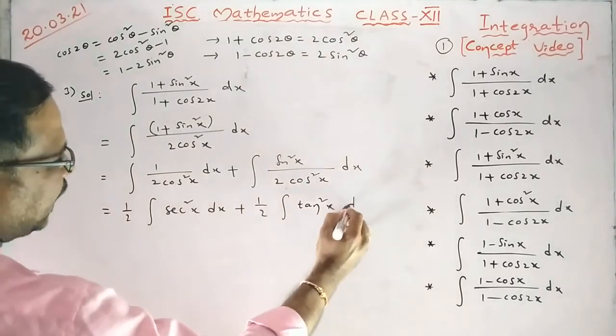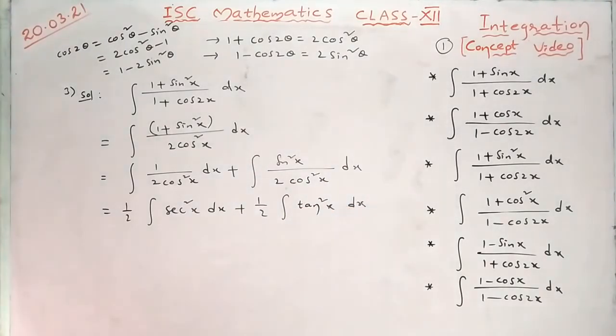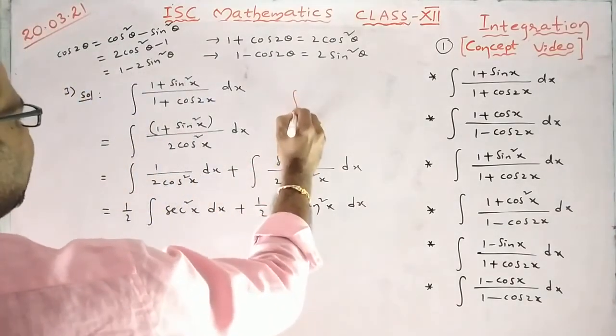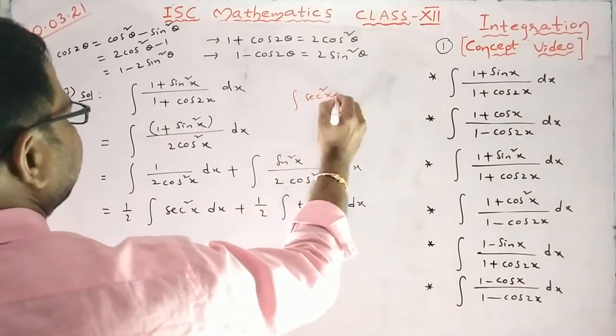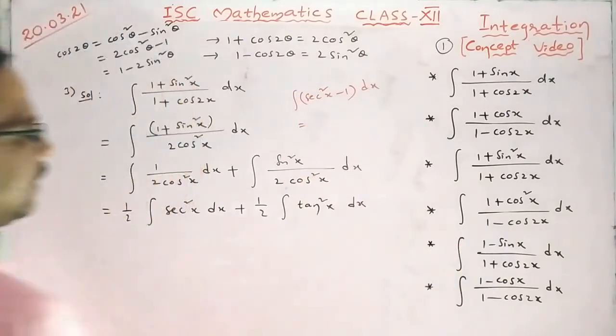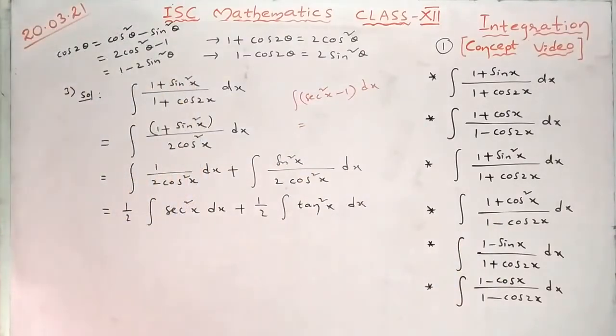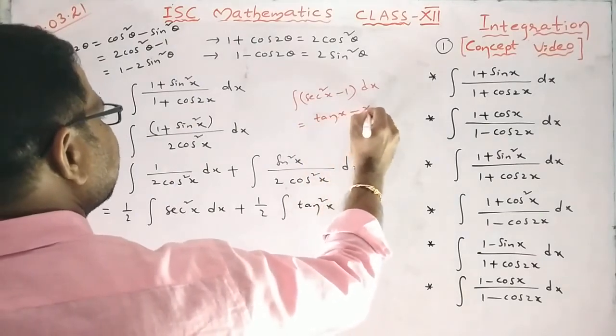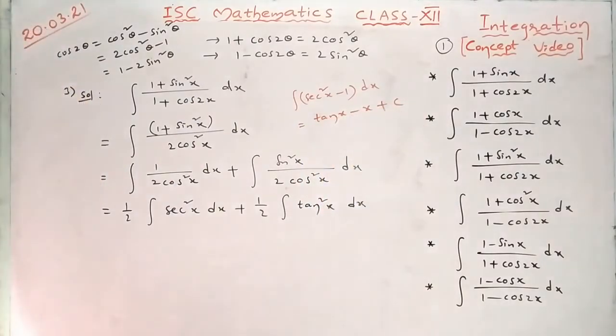But do you have tan square x integration directly? No. Here you must remember one thing. There you have to change tan square x as secant square x minus 1 dx, by using the second identity of trigonometry. So integral secant square x is tan x, minus x, is minus 1 is x.